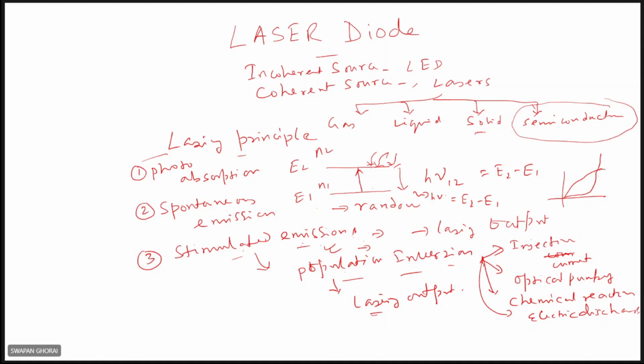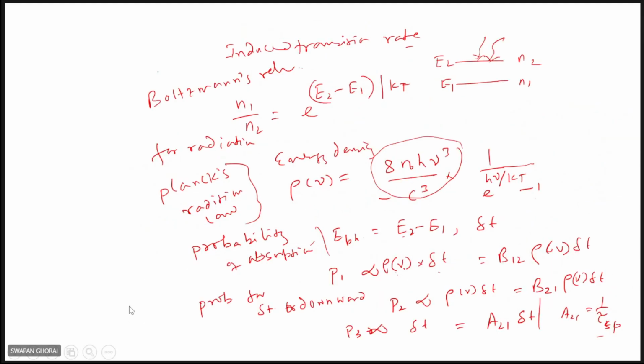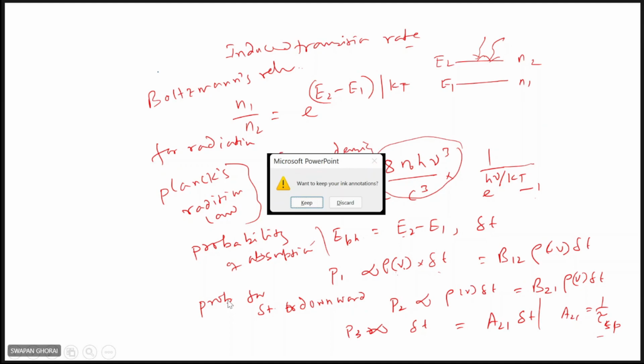Though it is based on heterostructure, with the same NPN junctions, feedback will be there. We'll see next time how we can have lasing emission from this heterostructure. Okay, then today this much. Next time we'll see it.